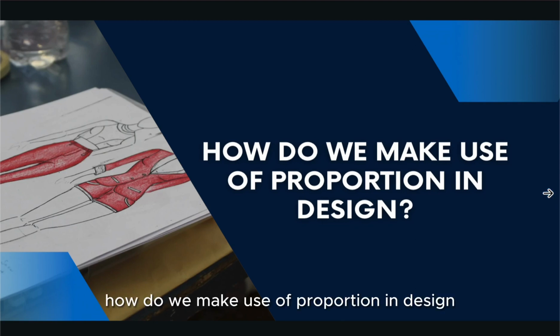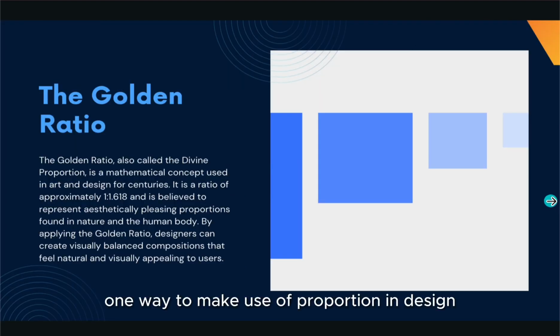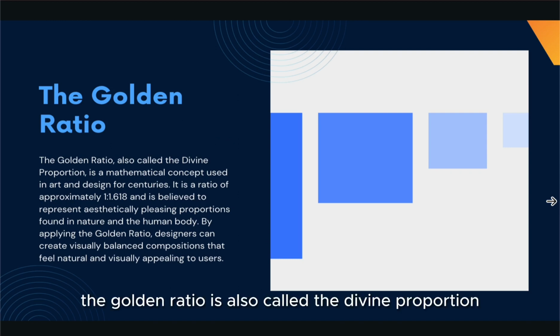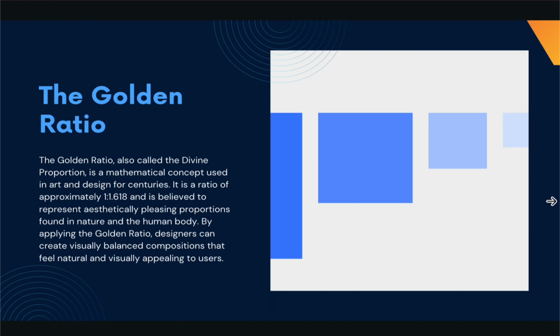How do we make use of proportion in design? One way to make use of proportion in design is the golden ratio. The golden ratio is also called the divine proportion. It is a mathematical concept used in art and design for centuries.